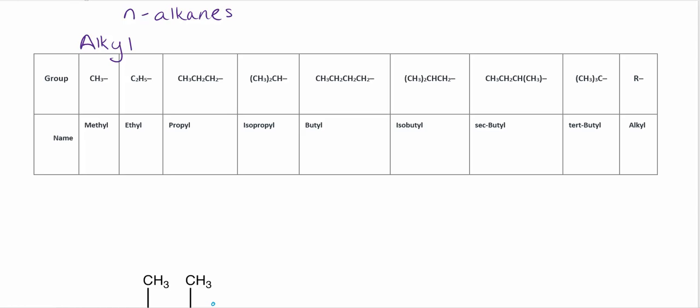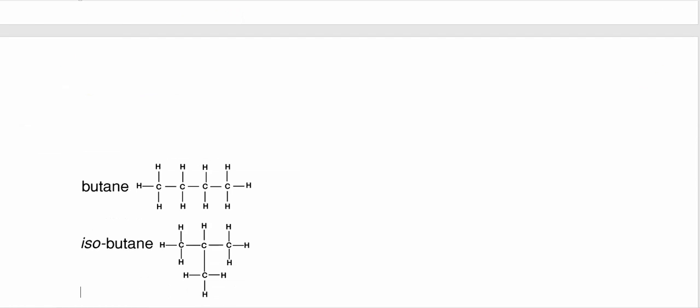That pattern has the root of the number of carbons we have, and then we have a new ending. So we have -yl as the ending. And that tells us we have what is called an alkyl group. To show just a generic alkyl group, where we don't know what it is, we just know that there's more molecule to it, we use an R. R is the symbol for a generic alkyl group.